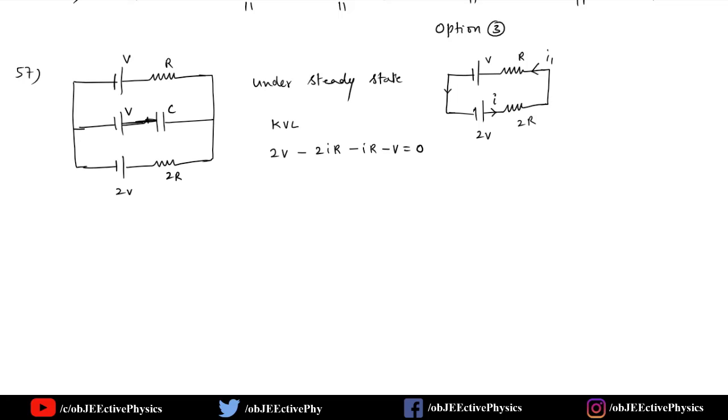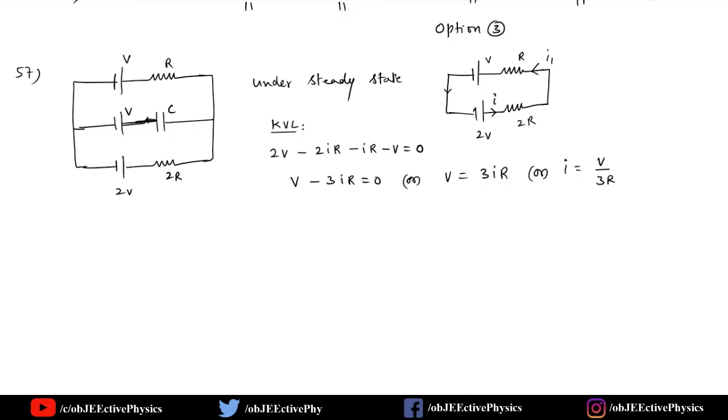So 2V minus V minus 3IR is equal to 0, or V is equal to 3IR, or I is equal to V divided by 3R.